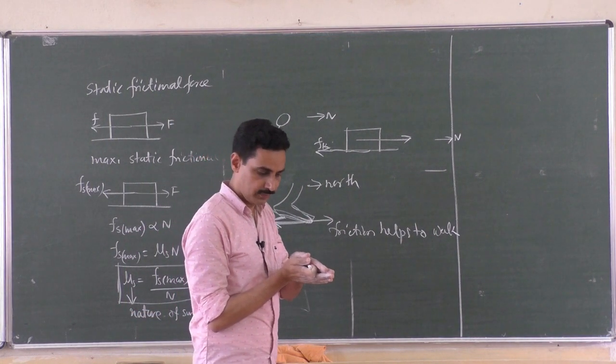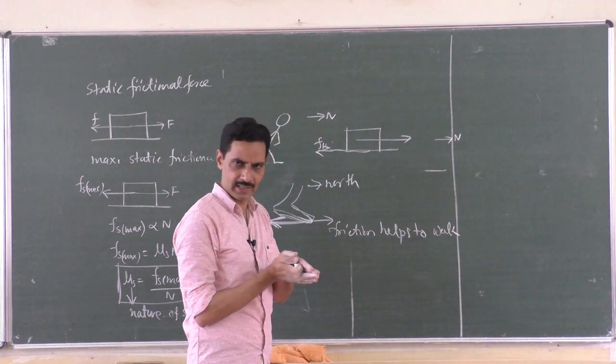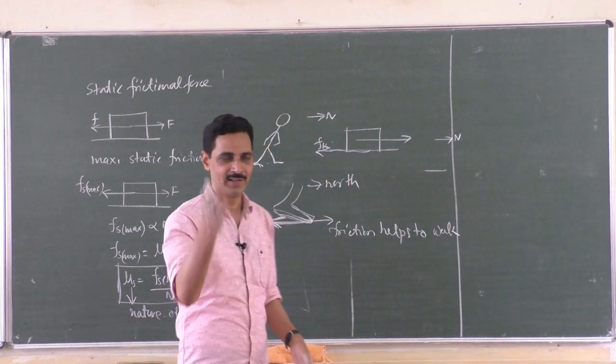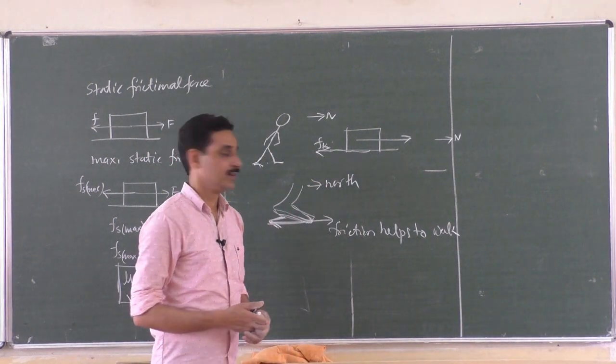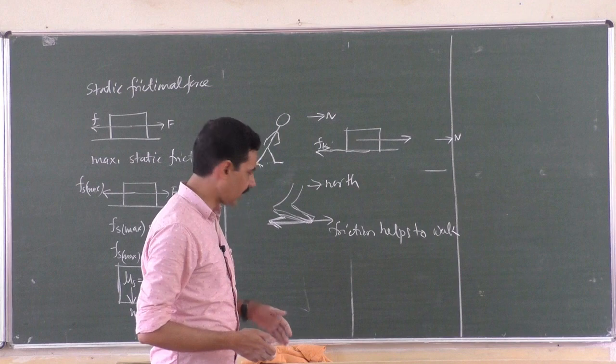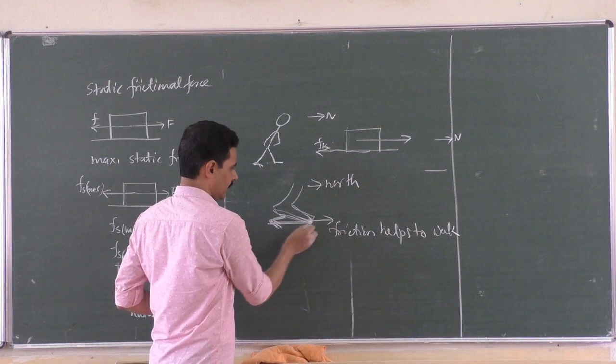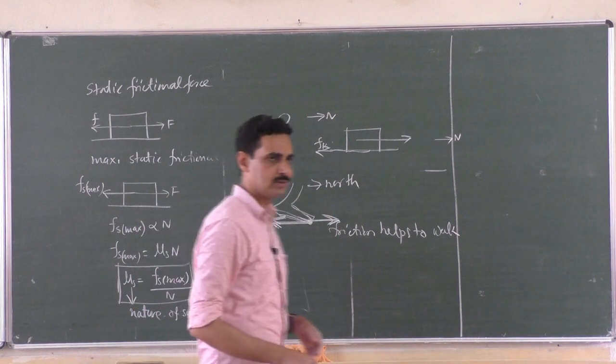So you are pressing the ground with your feet, keeping the foot at rest and moving forward like this. Of course, I can't show you my legs in your video, so that is the problem. So when you press the ground and use the static friction, you try to press the ground back and get the friction in this direction and you move forward.